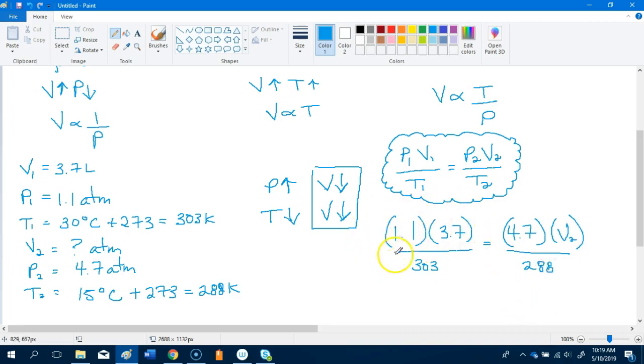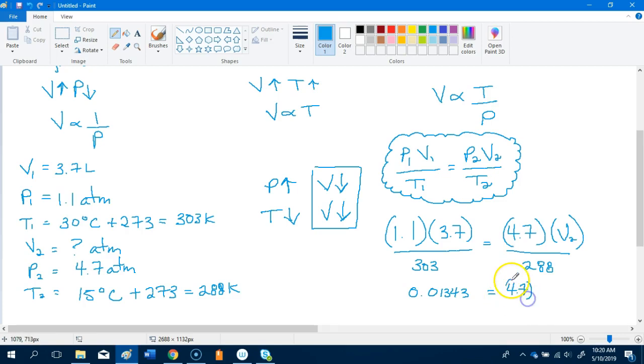I'm going to solve this side first. 1.1 times 3.7 gives us 4.07, divided by 303 gives us 0.01343. I try to keep all of my numbers and keep the rounding to the very end.